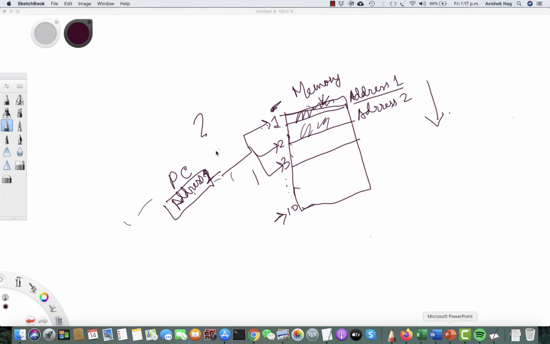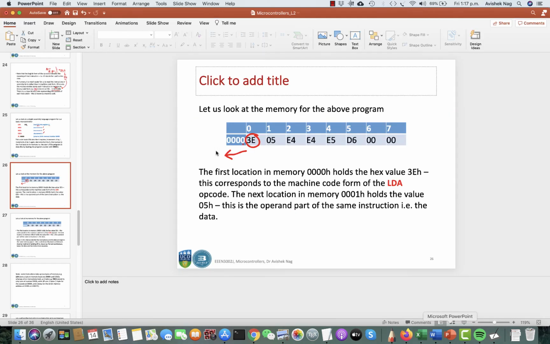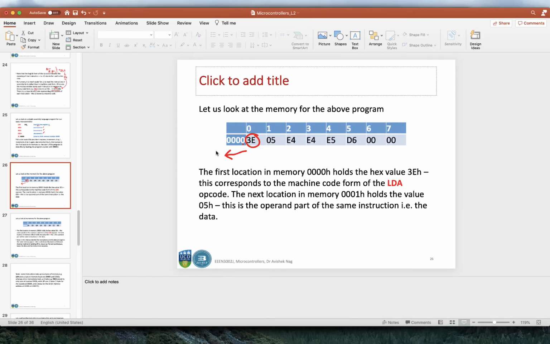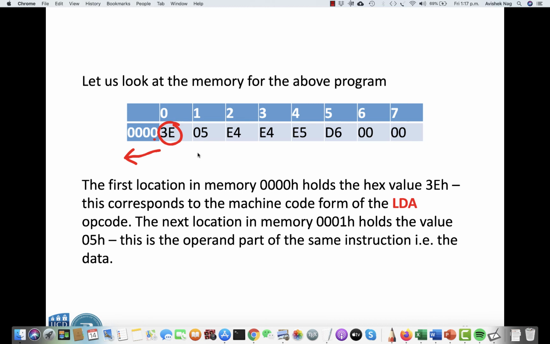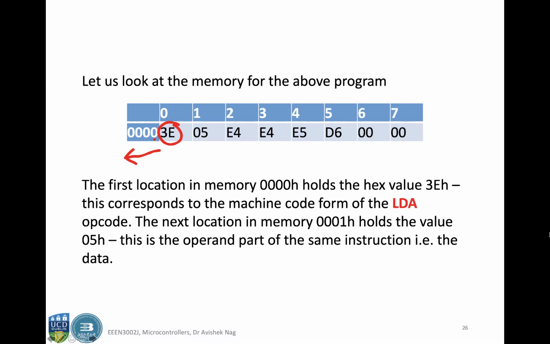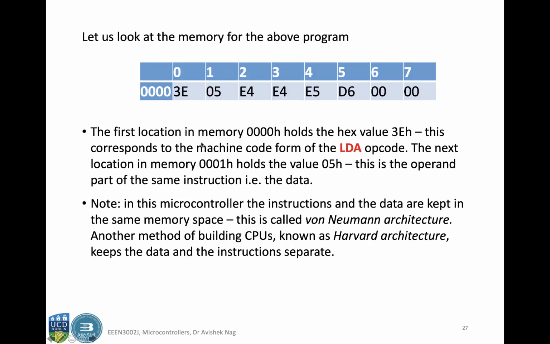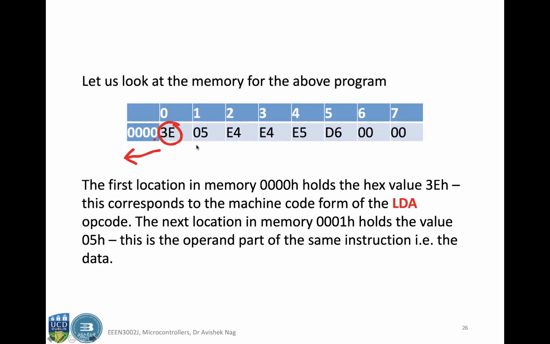So moving back to the program that we were discussing, here as you see, the first line of the code, which is load A, is stored in the first memory address, and then the next memory address contains the data, which immediately follows the opcode.